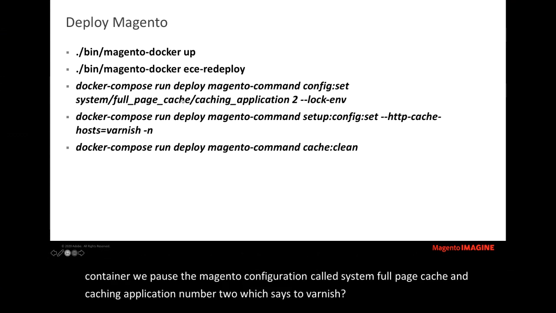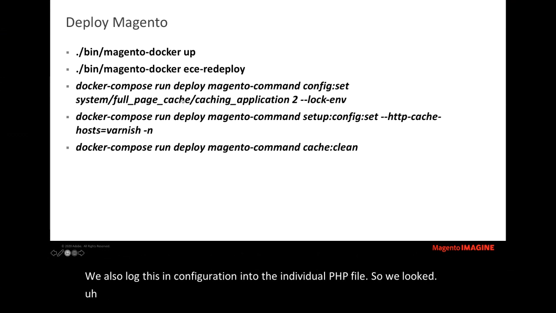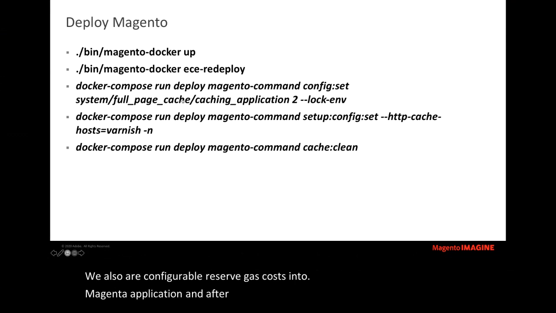We also lock this configuration into the env.php file. We also configure the HTTP cache hosts in the Magento application, and after this we do the cache clean via the regular Magento application.